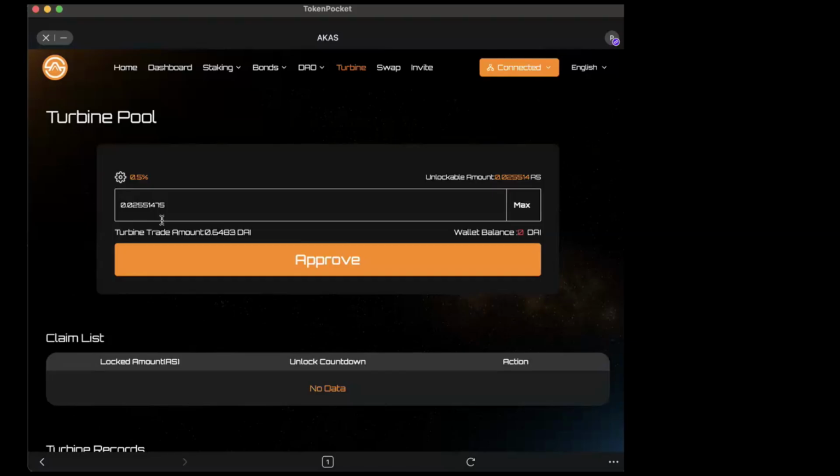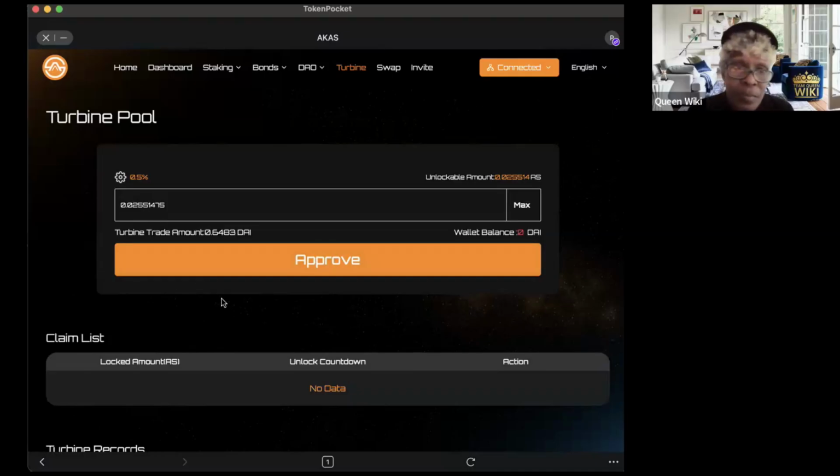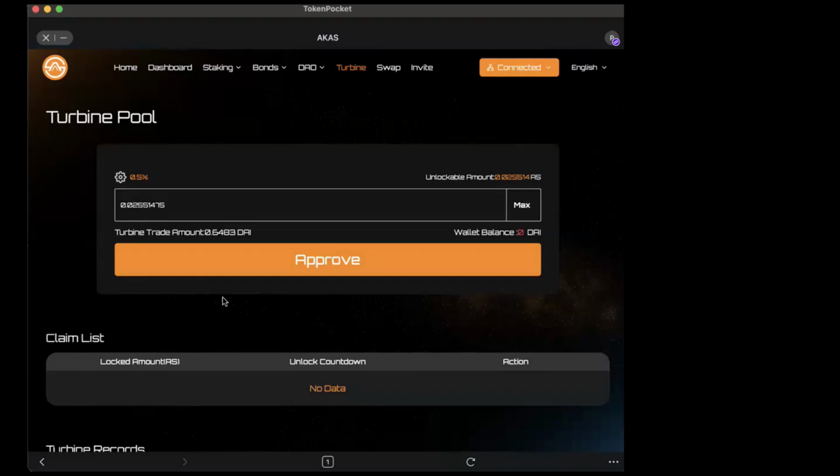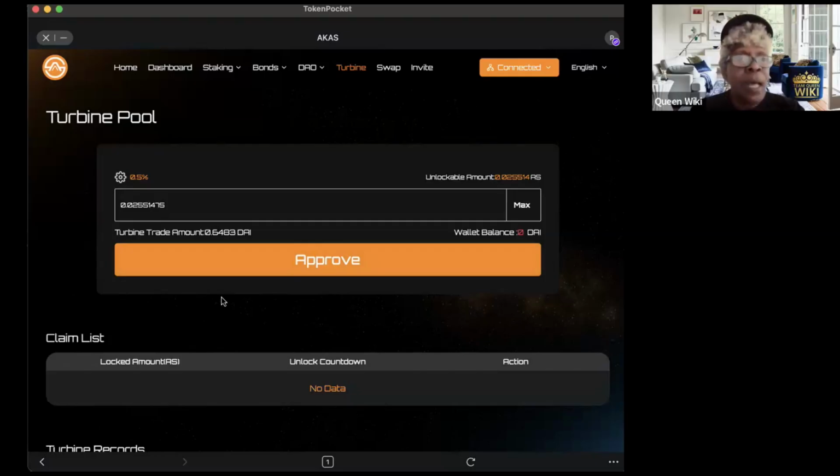This is the plan to get all the people, when they want to withdraw all the profit, to go into this turbine pool first and buy before they sell, ensuring that the liquidity is always there and at least helping to increase the price.